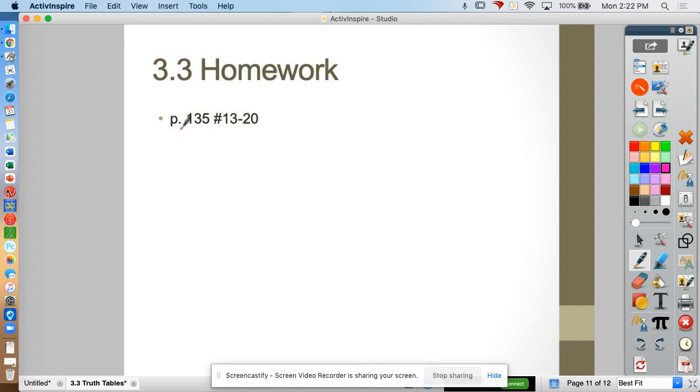All right, so your assignment for today is going to be page 135, 13 through 20. We just did 3 of those together, so this isn't probably going to take you very long. And then when you check that, we're going to add on to it tomorrow when we do the conditional statements and the biconditional statements with what their rules for the truth tables are going to be.